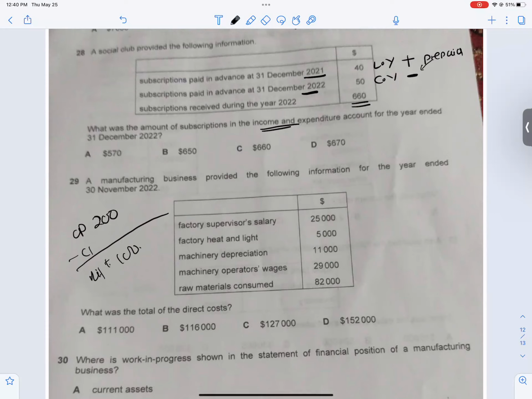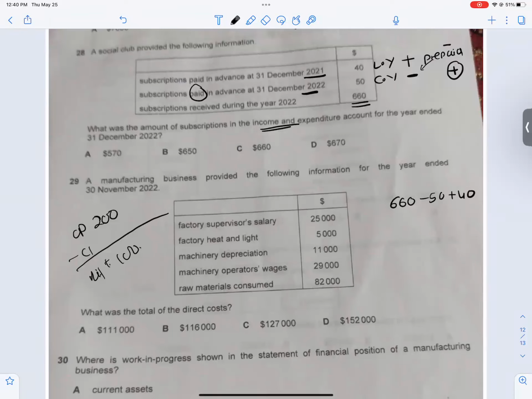Okay, so I have to minus current year and add last year, because it's prepaid. And if it's outstanding, add current year minus last year.